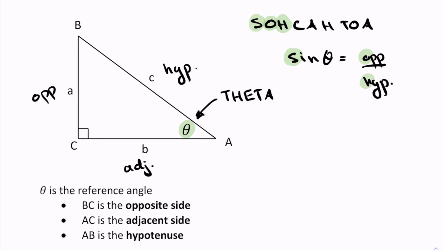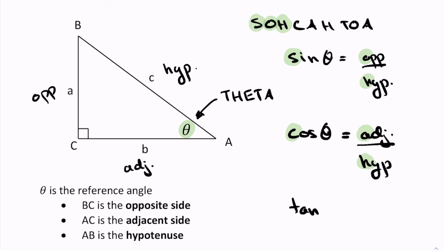So sine theta is opposite over hypotenuse, and we know that cosine theta is adjacent over hypotenuse. And again, I'm going to go C over here, A over here, and an H over here. And finally, we have tan, which is the TOA part.